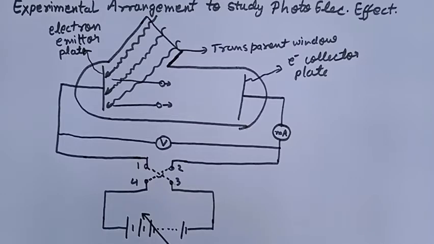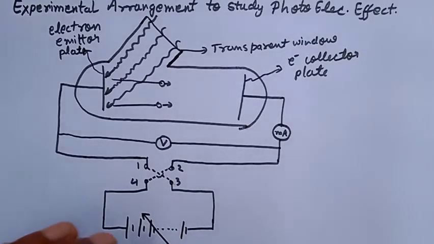So it is a general belief that theoretically each photon will eject an electron, but it is not practically possible. So we receive fewer photoelectrons. We call them photoelectrons.